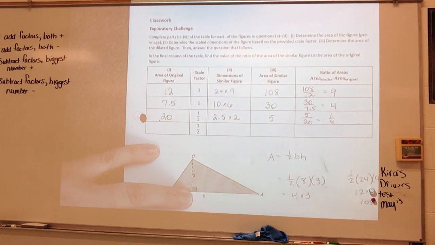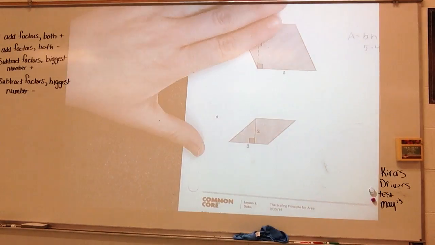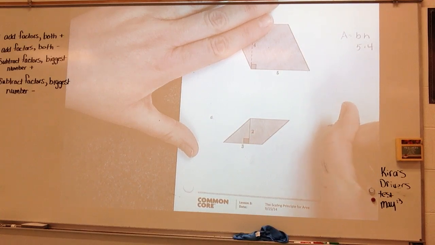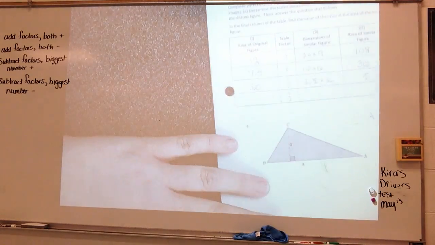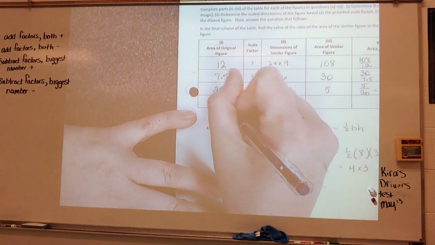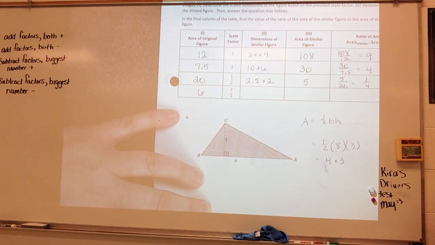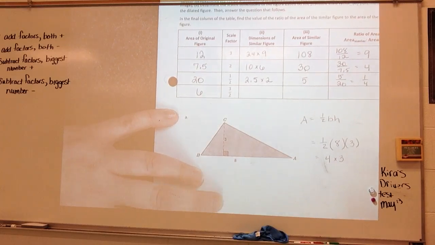Alright? And then the last figure, parallelogram again. So base 3 times 2 would be 6. Alright? And we want to scale it down by, well, we actually want to dilate it by 3/2.